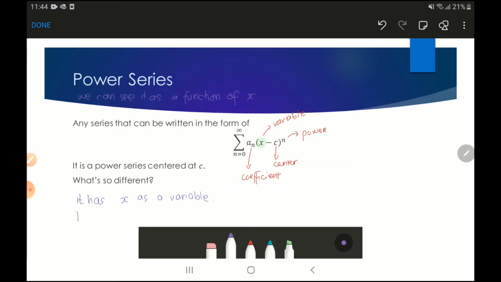For some values of x, the series may converge. For some others, it may diverge. So this is what we will learn in power series.